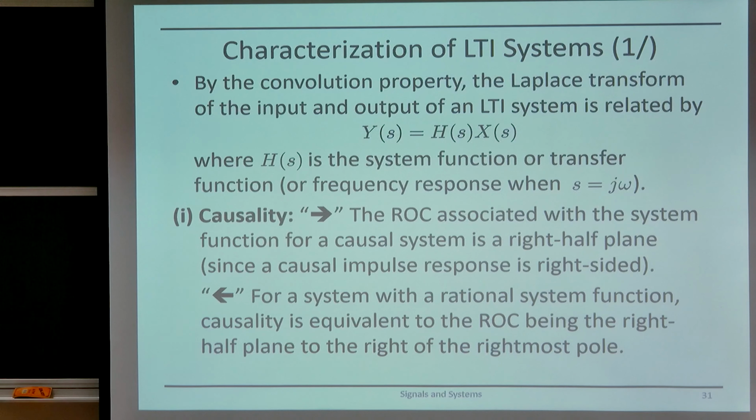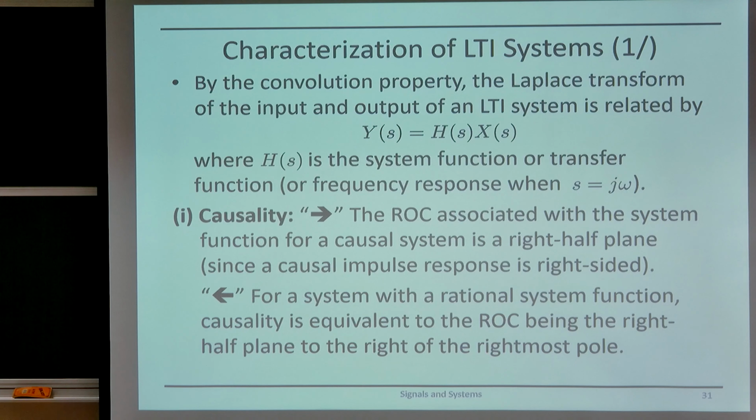All right. Now, I want to move on to how to use this Laplace transform to characterize properties of a linear time-invariant system. Okay? So you can observe that every chapter that we go through has the same pattern. We introduce the transform, we introduce properties of these transforms, which are the same for all these chapters, and then we look at how to apply them to study linear time-invariant systems. Okay?